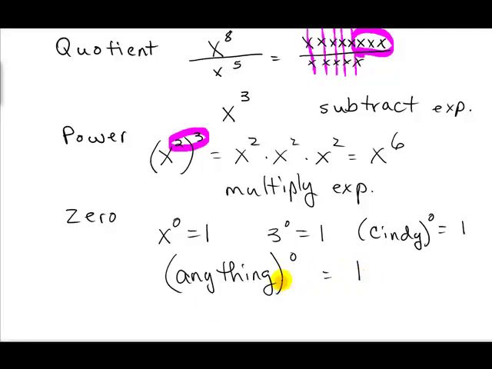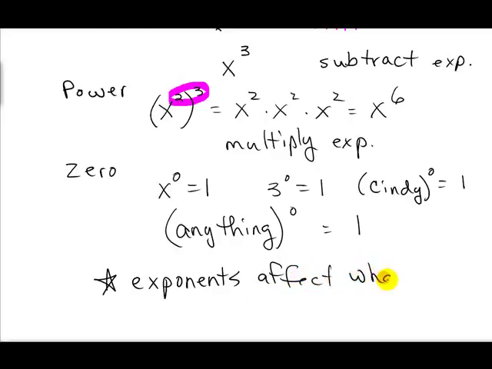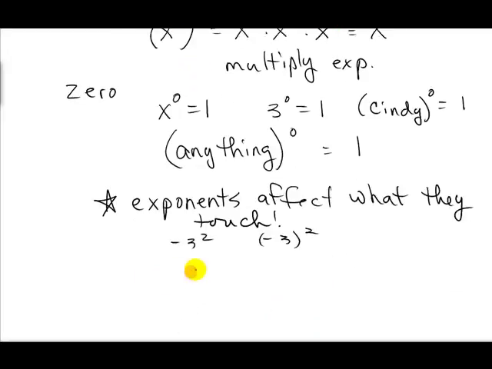This might be a time for us to just take a little side note and remember that our exponents affect what they touch. So -3 squared and (-3) in parentheses squared are two different answers.